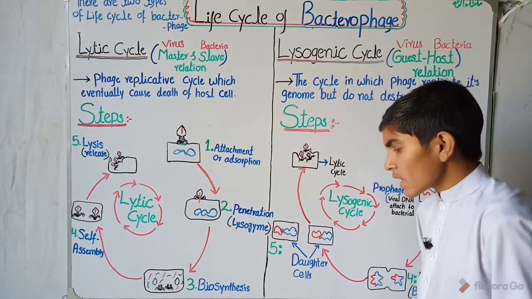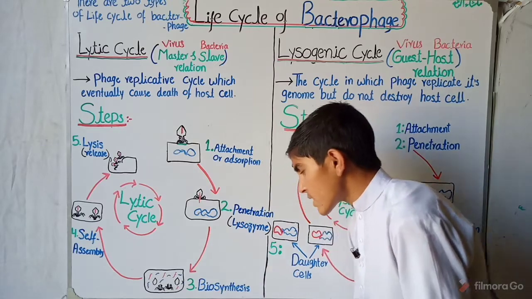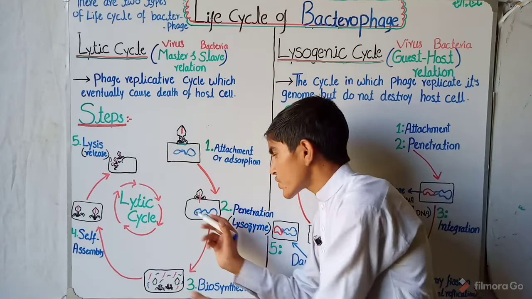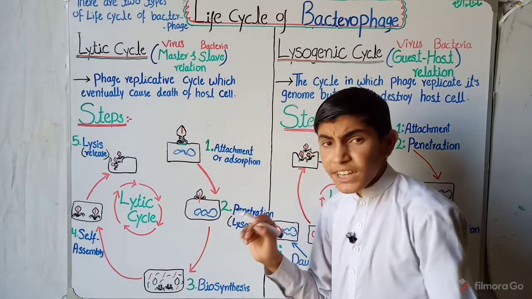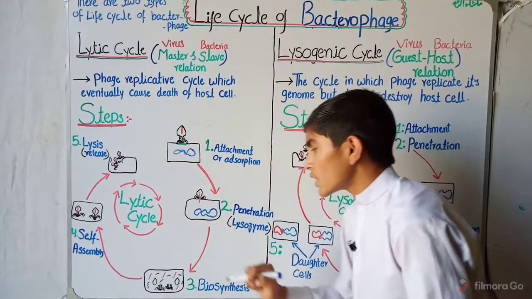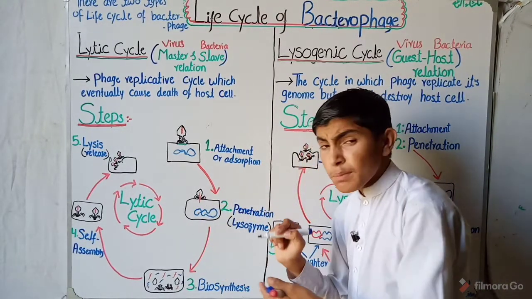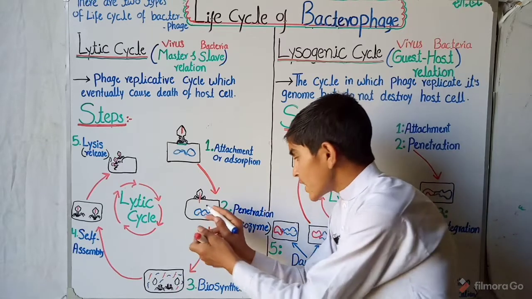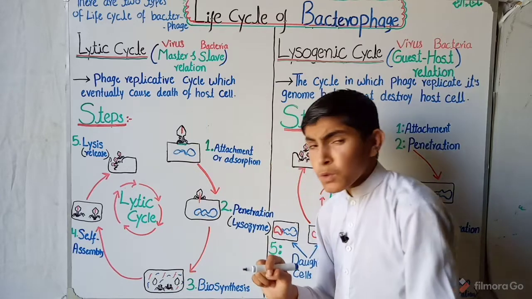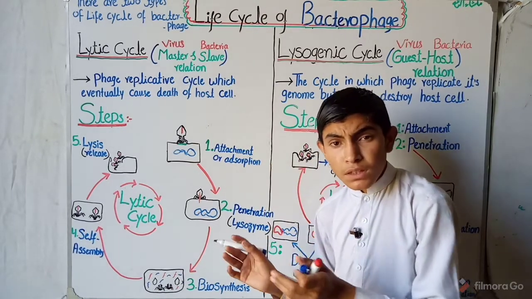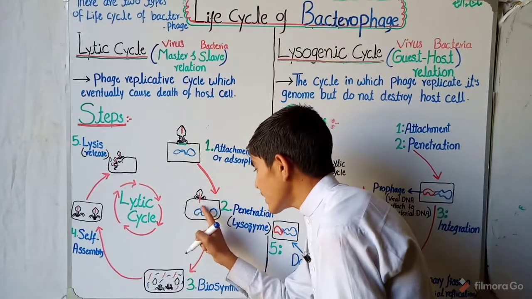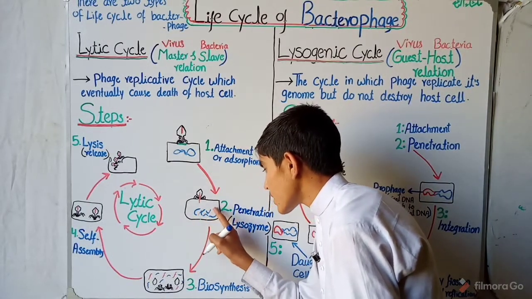The third one is the biosynthesis step. In this step what occurs? We studied that the DNA enters inside the bacterial cell. When this DNA genome of the virus enters the bacterial cell, the DNA of the virus uses the ribosomes of the bacterial cell.